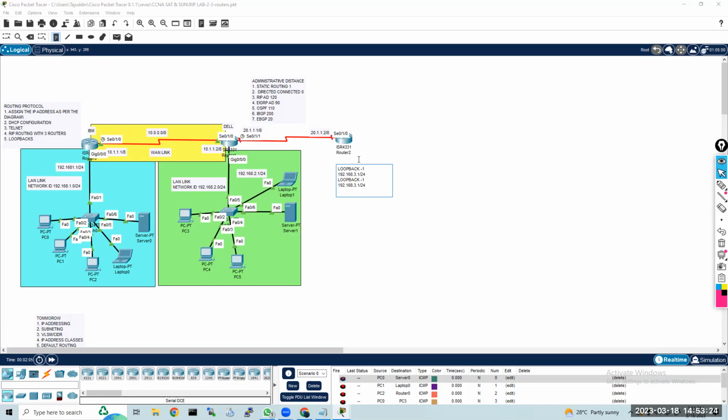And loopback 2, I will give 4.1. I'll create totally 4 loopbacks. This is 5 and this is 6.